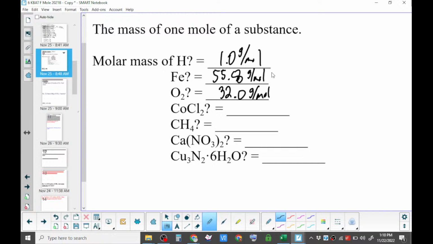And now cobalt 2 chloride, or CoCl2. Taylor. 129.9. Perfect. Grams per mole.